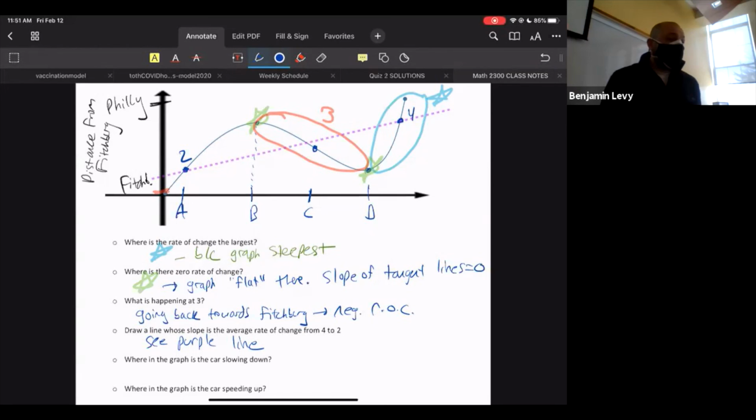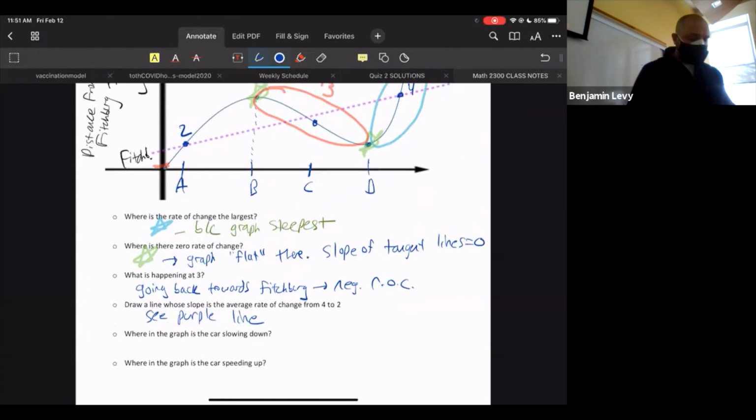Yeah, so again, when we're thinking about velocity or rates of change, we're thinking about the tangent line. So slowing down would mean the tangent lines are flattening, and speeding up means the tangent lines are becoming more steep, right? So slowing down would be somewhere between A and B, for example.